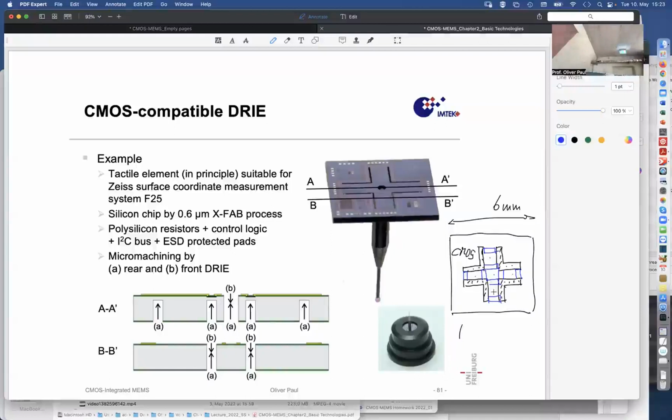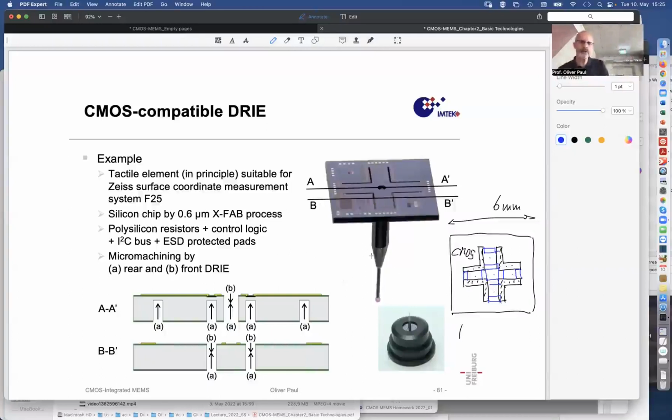So you can imagine this cross which consists of mechanical blocks, cuboid mechanical blocks connected to each other by thin silicon stripes, membranes that are flexible, like hinges. Hinge in German, Scharnier. So this mechanical structure can be mechanically deformed.